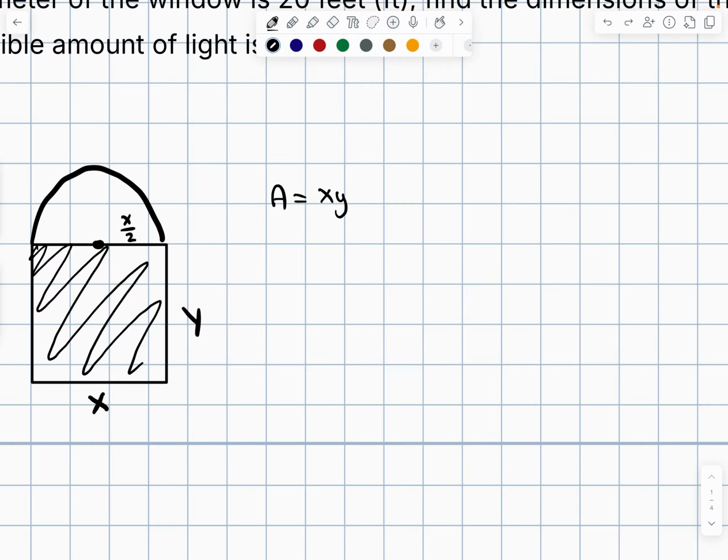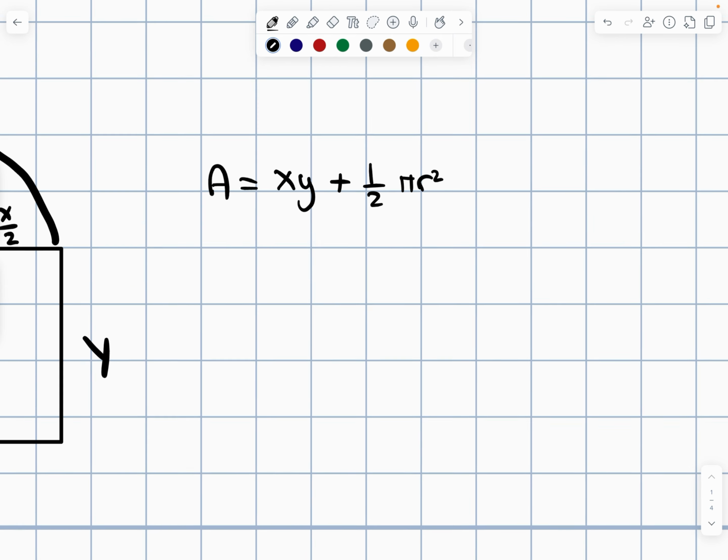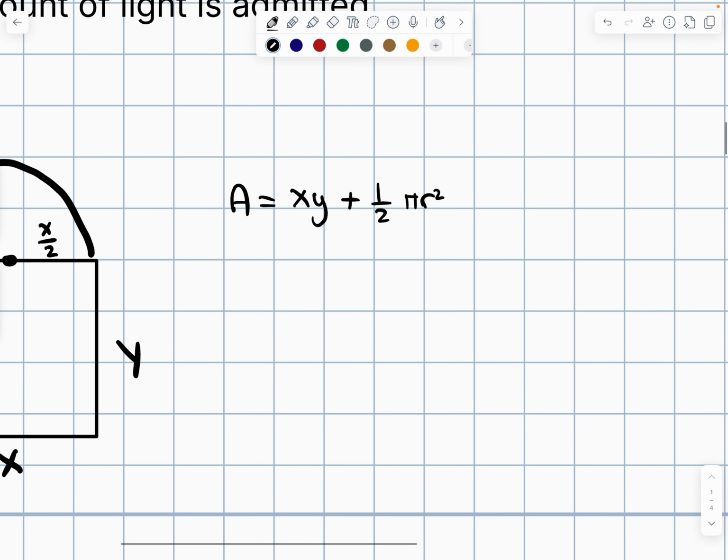So we're just going to do plus the semicircle area. A circle area is pi r squared, but since we have a semicircle, it's half of that, so it's going to be 1 by 2 pi r squared. And our r is x by 2, so we're going to replace r with x by 2. Let me do it on the side, and then I'll re-input it into the equation.